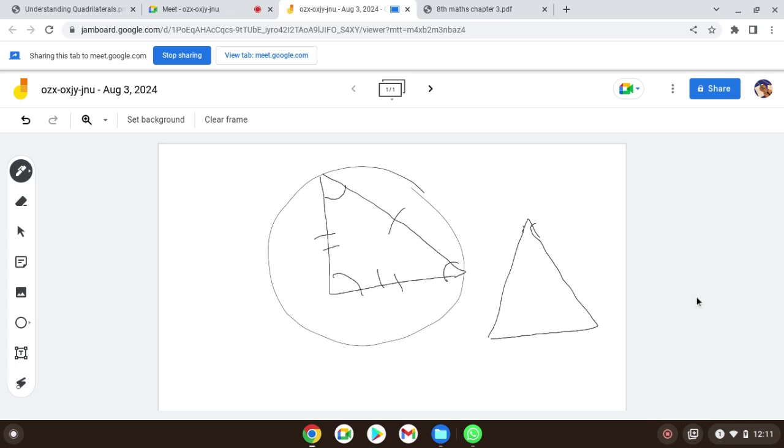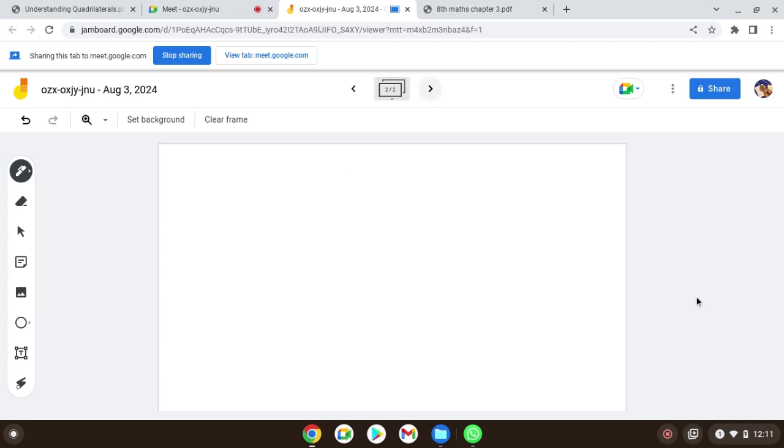If you say that we have a triangle which has equal sides but the angles are different, that is not possible. If the sides are all equal, does it make sense that the angles will be different? No. The angles should be the same because the sides are the same. So such a triangle doesn't exist.